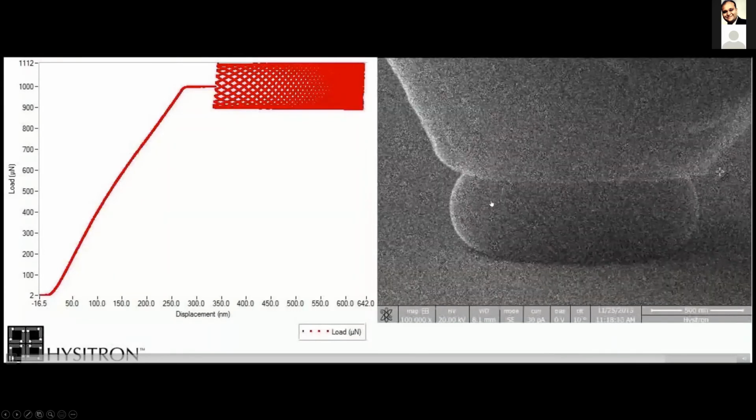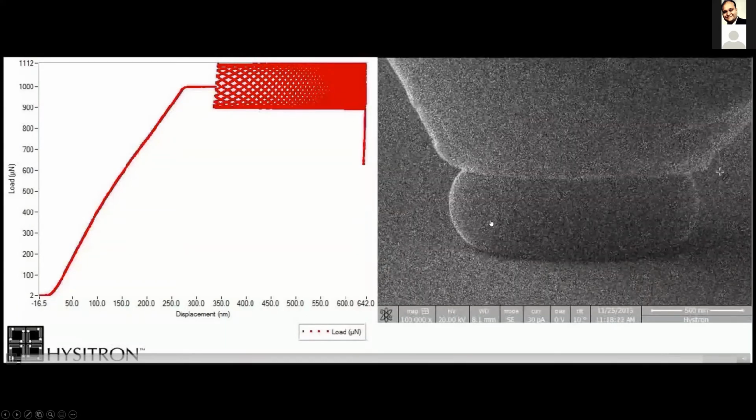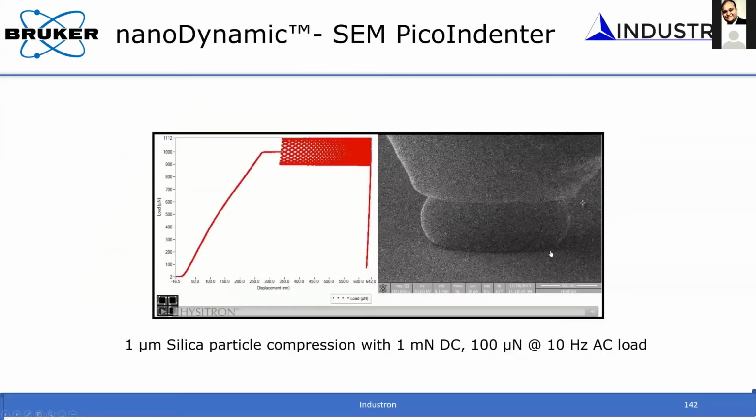In some cases that we found, you can compress this material to a kind of a pancake. We found that it is only possible when you have the electron beam. In the presence of the electron beam only, you can see this high plastic deformation. As soon as you switch off the electron beam, it becomes brittle.